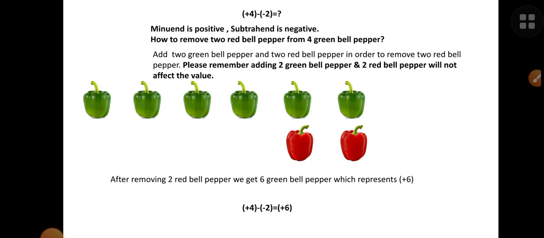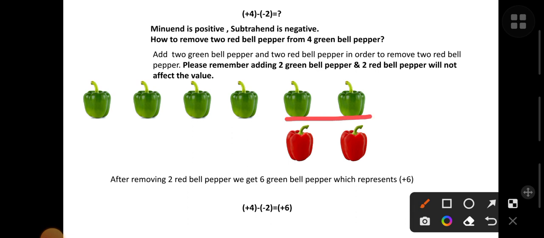Please remember, adding 2 green bell pepper and 2 red bell pepper will not affect the value. That means 2 green bell pepper and 2 red bell peppers are added with the existing 4 green bell pepper. 4 green bell pepper indicates plus 4.